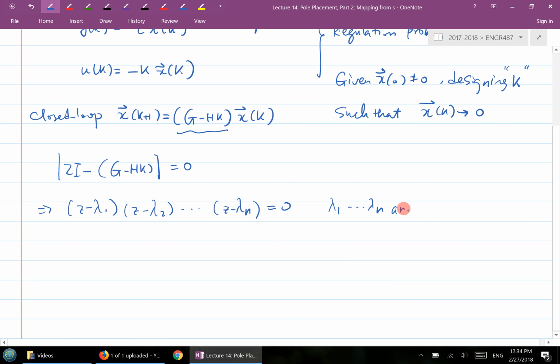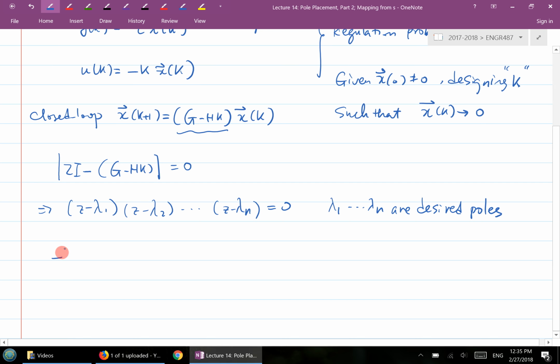They are the so-called desired poles, and of course they come from a careful selection of this control gain K.